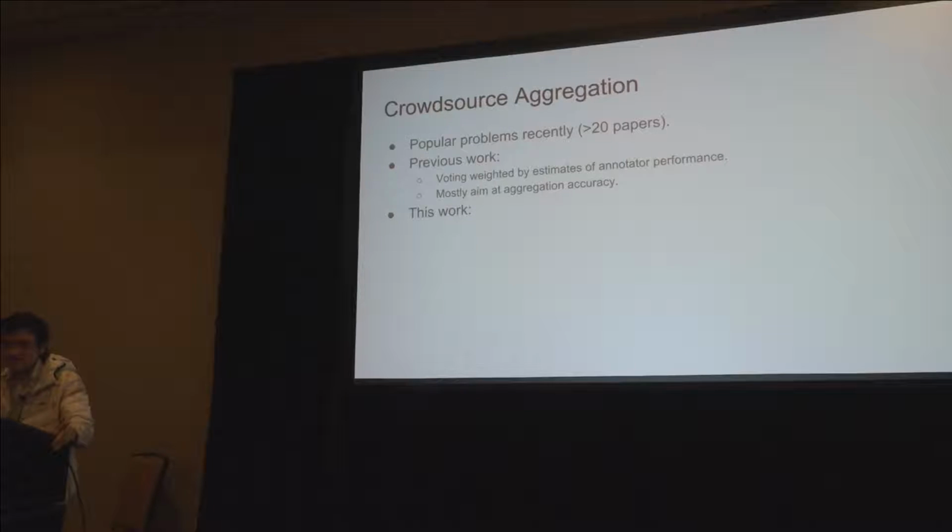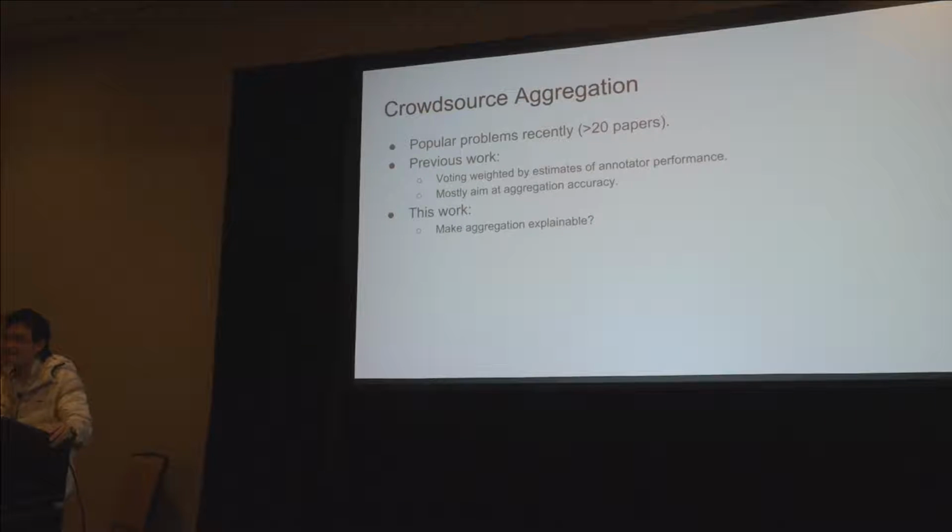But in this work, we take a slightly different direction. Recently, there has been a lot of interest in explainable machine learning and explainable models. So we asked the question, can we make crowdsourcing aggregation modeling more explainable?